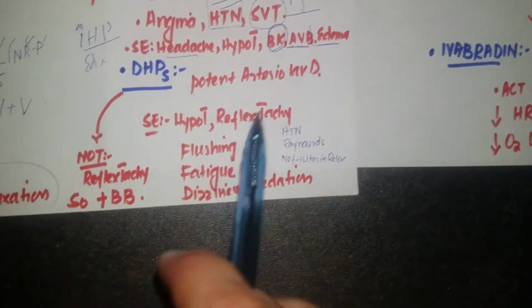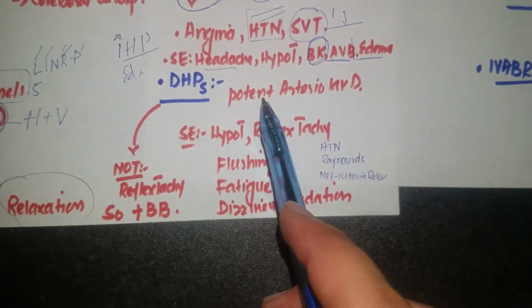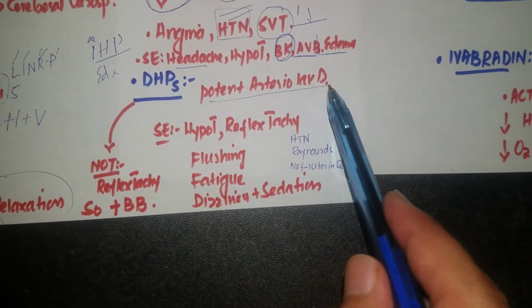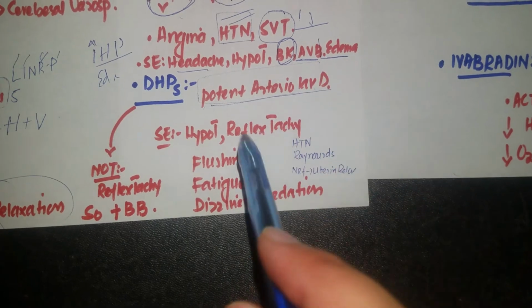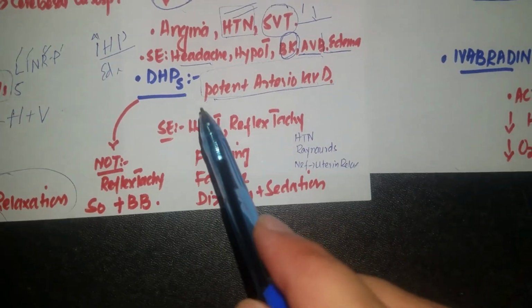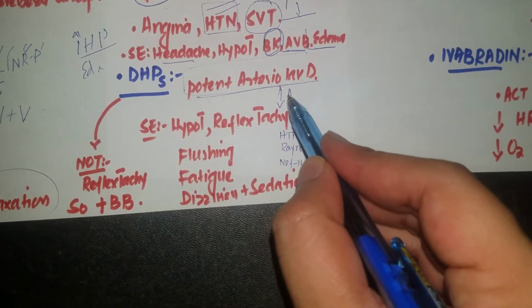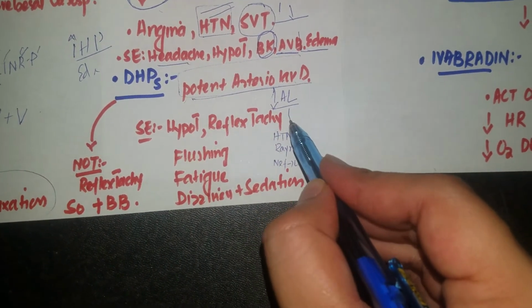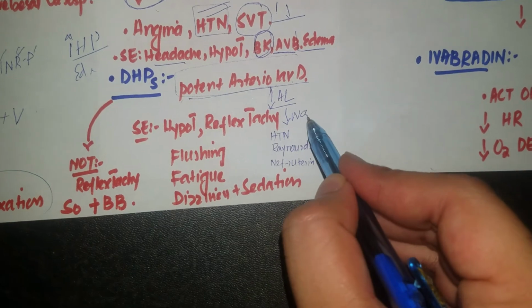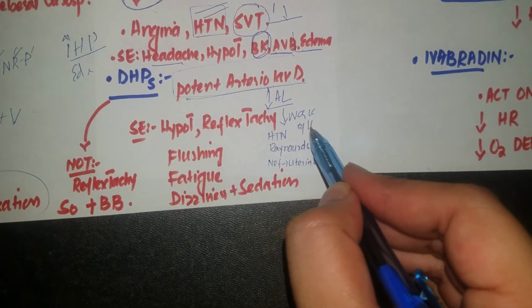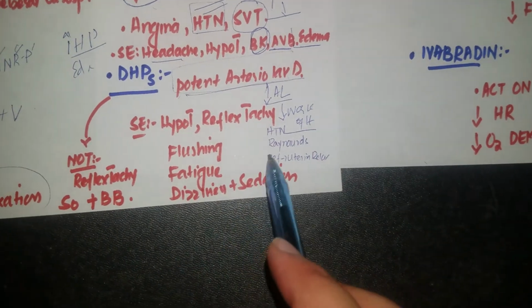The third group is dihydropyridines. They are potent arteriolodilators. So when they dilate the arterioles, there will be a decreased afterload. Decreased afterload means decreased work of the heart, and there will be less demand of oxygen.